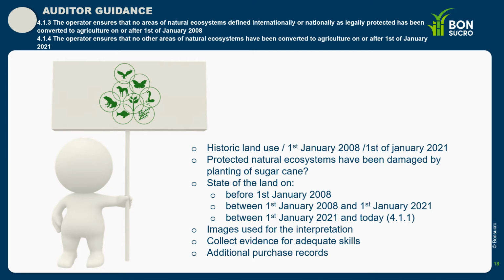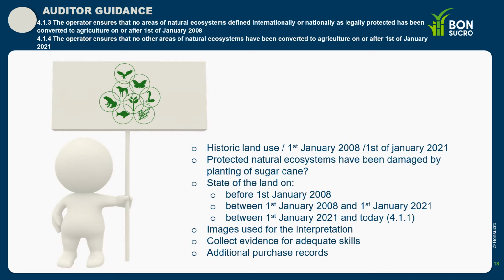Now, from the auditing point of view, we need to have the result of that land use change analysis, but also to trace back the information, to trace back the satellite imagery, to trace back the person who made that information, to cross with, of course, own information on international and national legally protected areas, and to cross also with maybe their own information on natural ecosystems that can be changed after 1st January 2021.